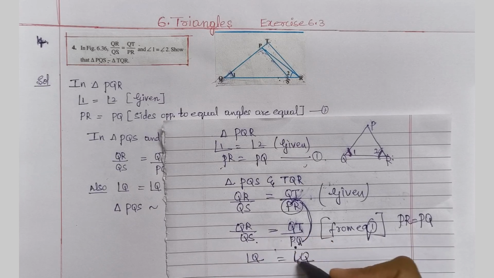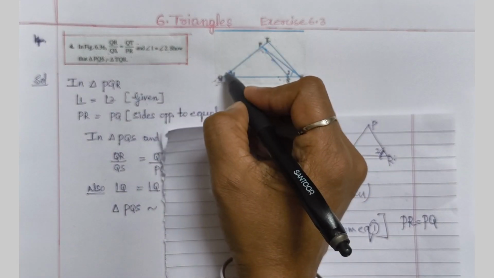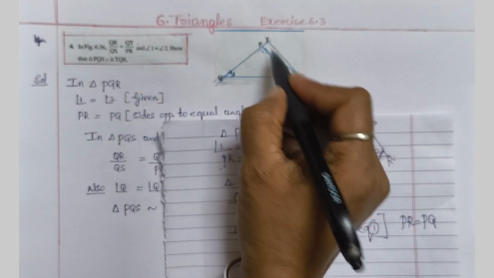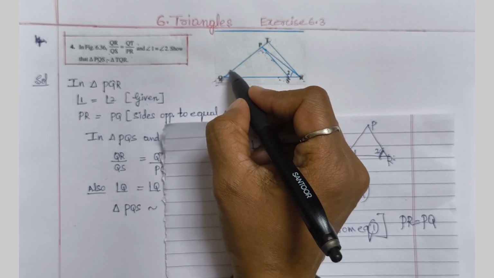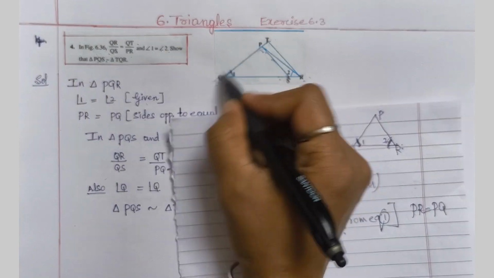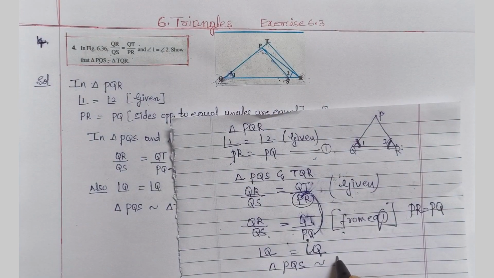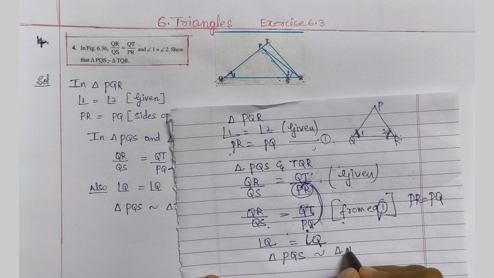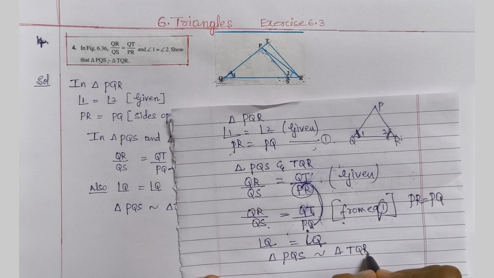Two sides and one included angle: side, angle, side. So triangle PQS is similar to triangle TQR. Both are similar triangles.